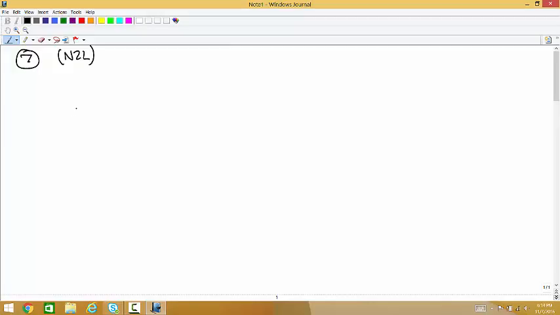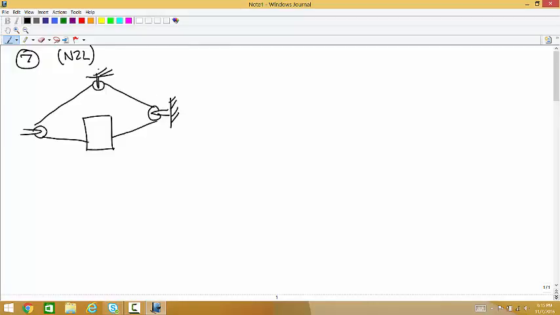So that's the one where you have a bunch of pulleys, you have a mass, pulley, pulley, pulley, and then it's all connected sort of like this.